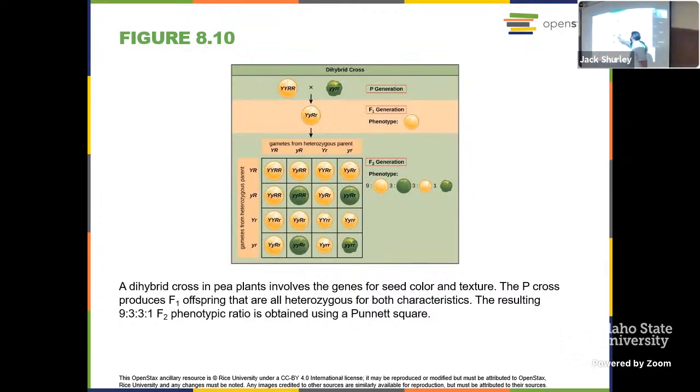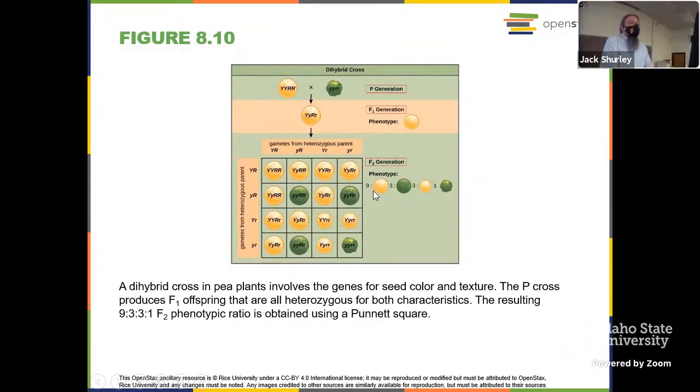We could look at rounds to wrinkles, and it's the same, 3-to-1 ratio, that we get if we're looking at the single characters. When we look at the dihybrid cross and we start counting everything up, we get a different ratio, not just this 3-to-1 ratio, because we're looking at multiple characters.